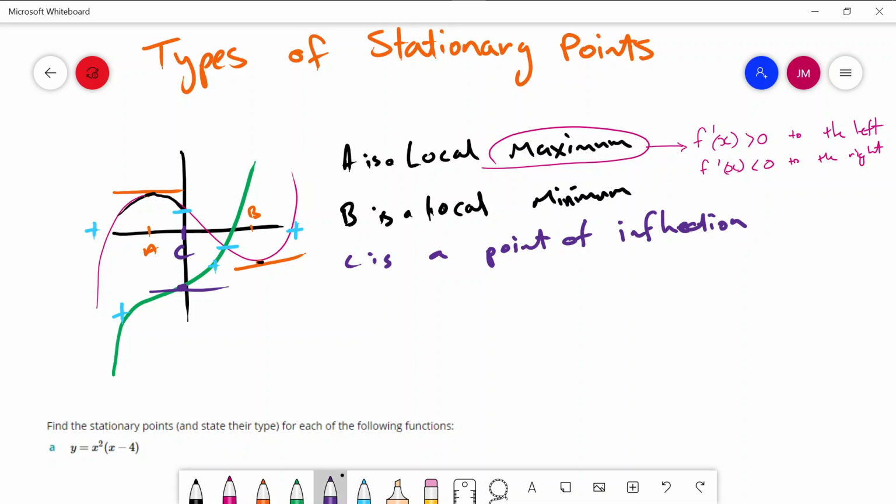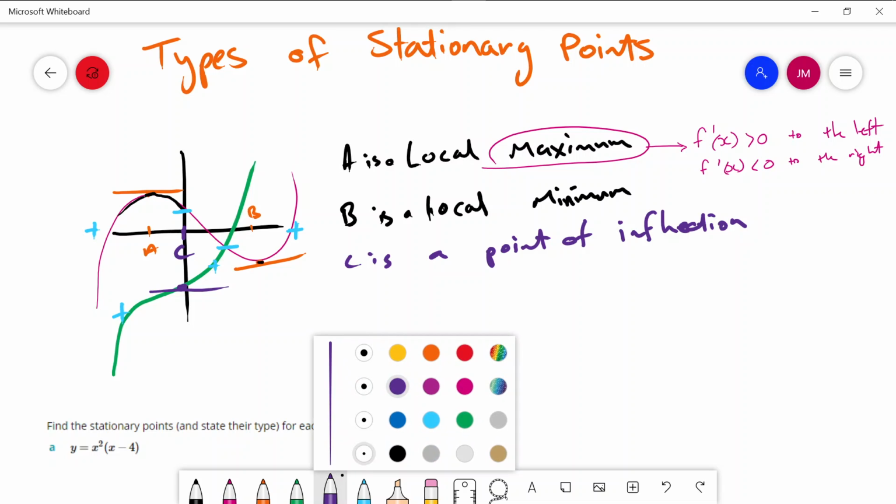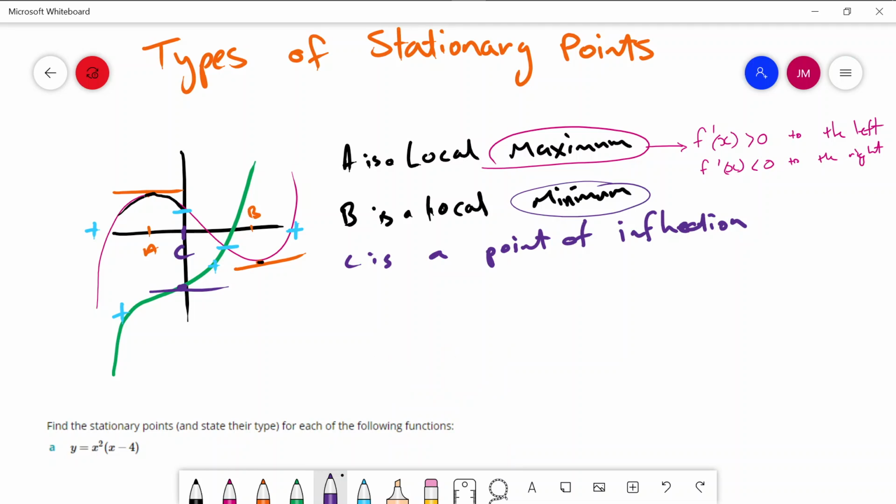Then for a minimum, we have the opposite. We'd have f dash x less than 0, negative to the left, and the derivative to the right would have to be positive.